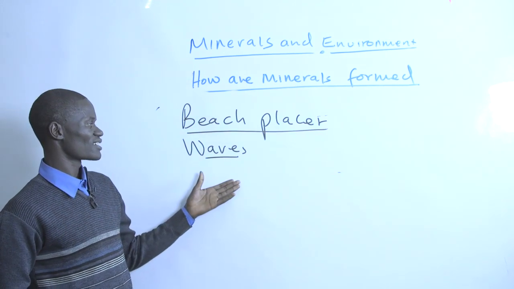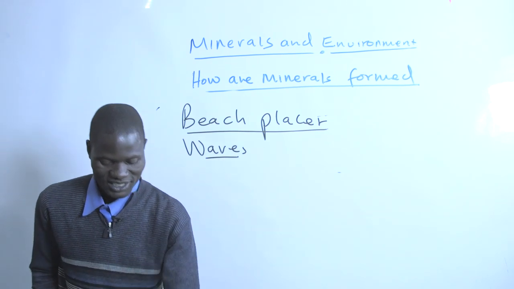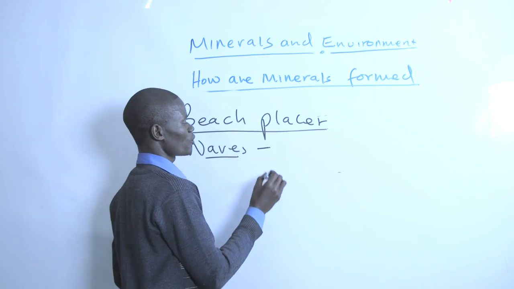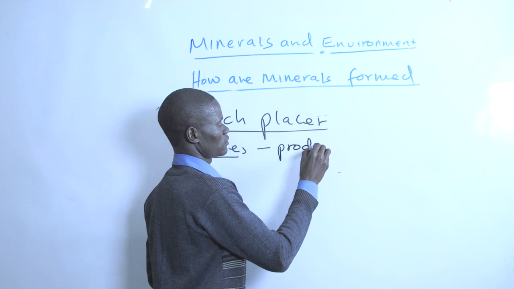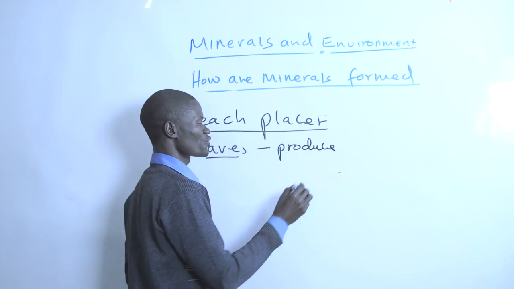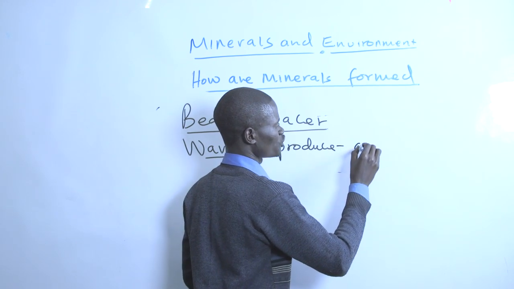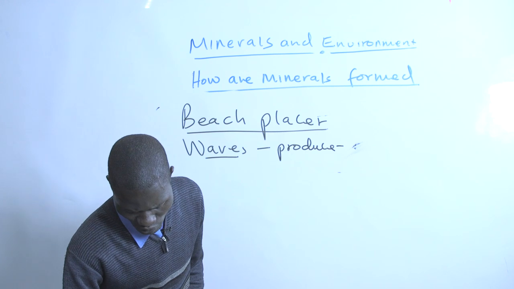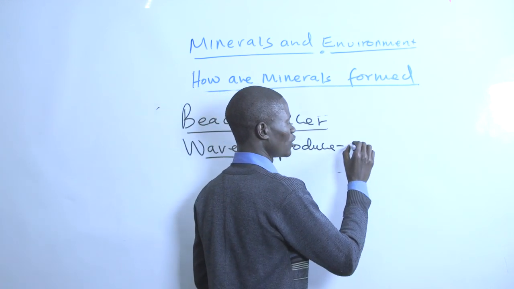And these waves produce currents, and when the water is flowing, it may produce what we call the onshore drifts. It may produce what we call the drifts along the shore.